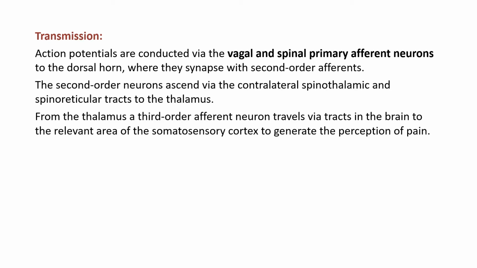The second order afferents ascend via the contralateral spinothalamic and spino-reticular tracts to the thalamus. Here they synapse with third order afferent neurons or tertiary neurons, which then travel up tracts within the brain to the somatosensory cortex, to the relevant area, depending on where the pain's coming from.